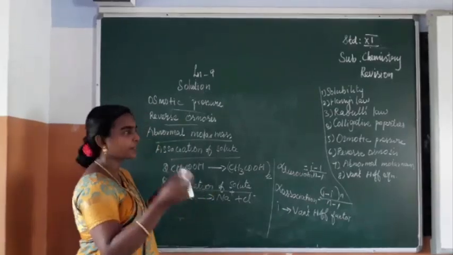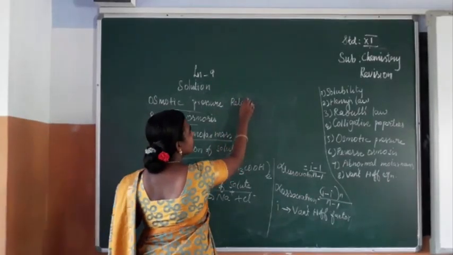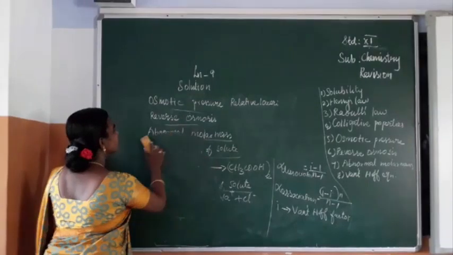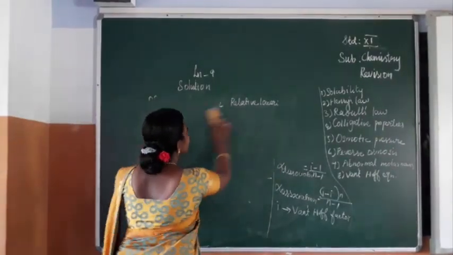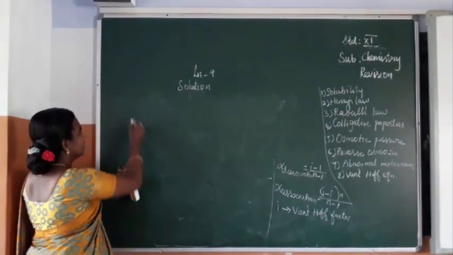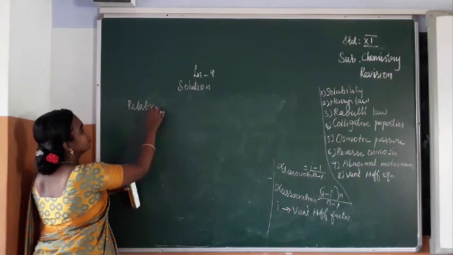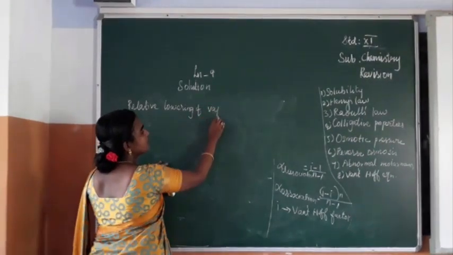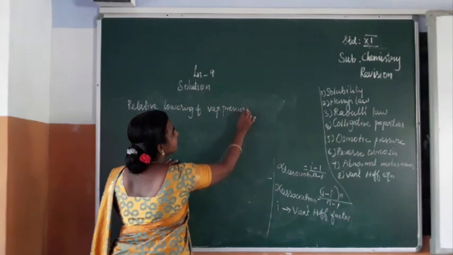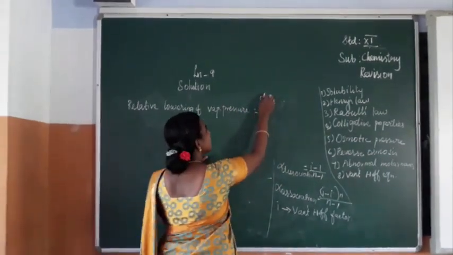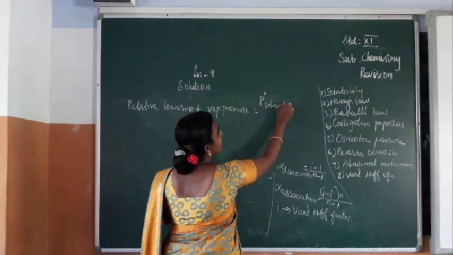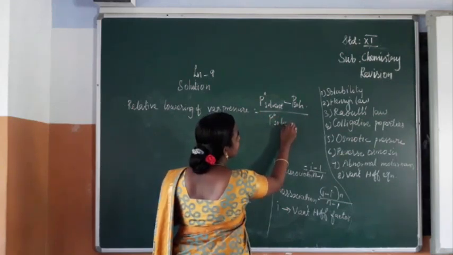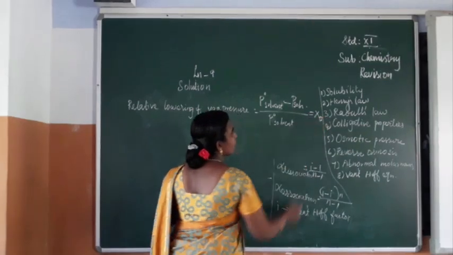For relative lowering of vapor pressure, the relative lowering of vapor pressure is given by the equation (P0 solvent minus P solution) divided by P0 solvent, which is equal to XB, the mole fraction.